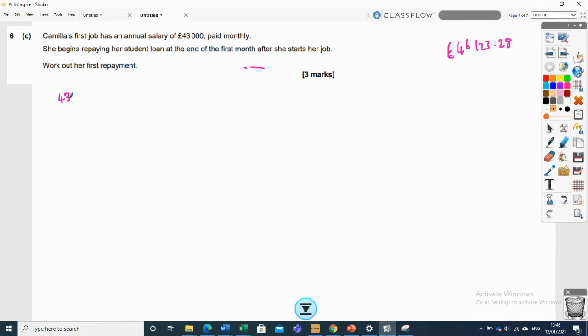So 43,000 is what she earns. We only pay that interest over 21,000, times that by 0.09. 22,000 gives 1,980.